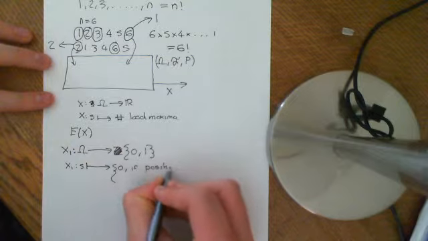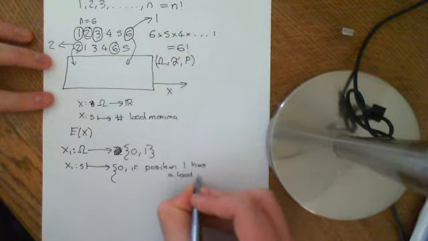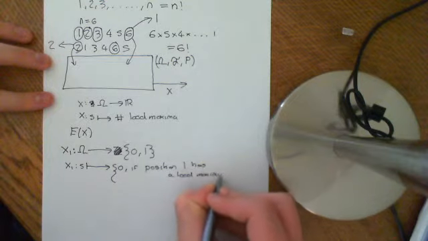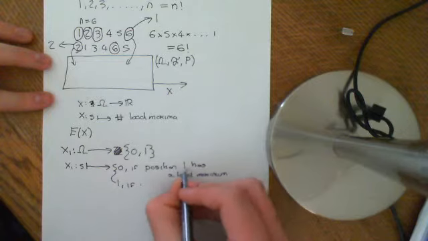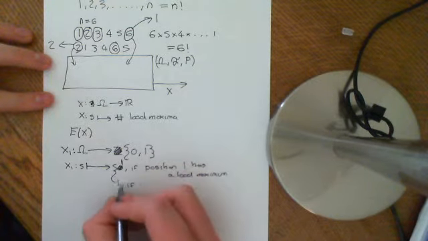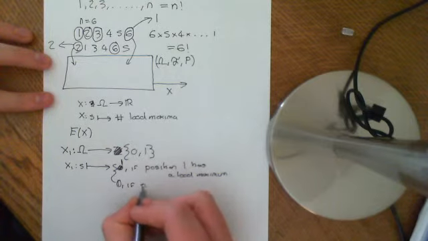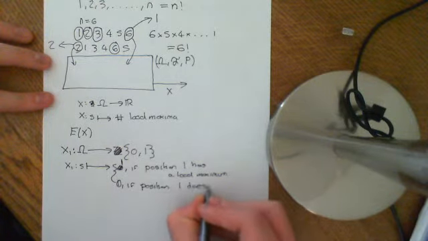and onto 0 if position 1 does not have a local maximum.